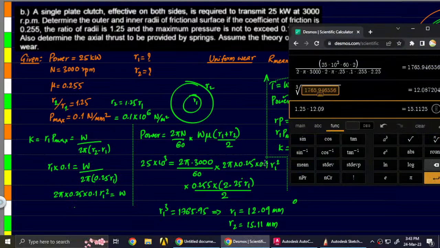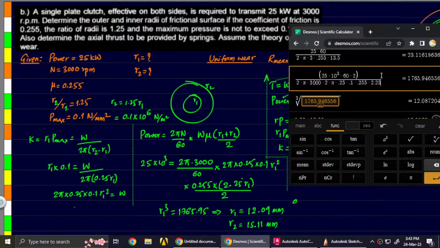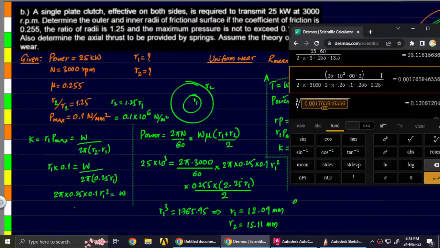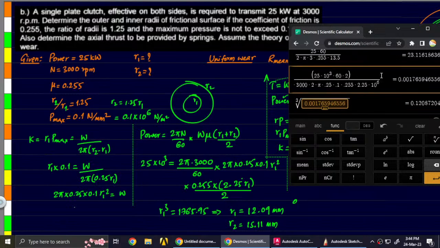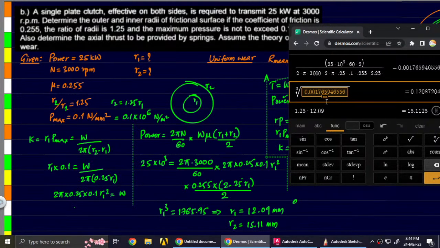That value is in the denominator, to 10 power 6. Okay, so now it looks a little better.